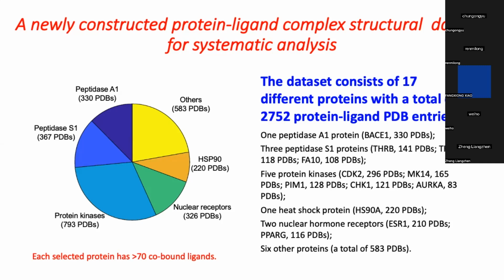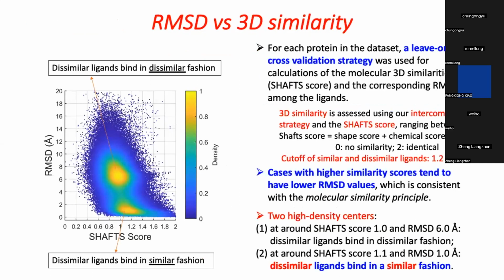The reason we do this is that we want to understand the features of those templates by finding the correlation between the RMSD and the 3D similarity. To characterize the 3D similarity, we use the SHAFTS program I mentioned before.